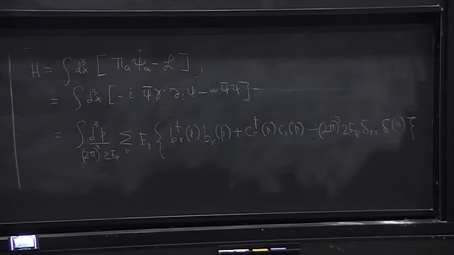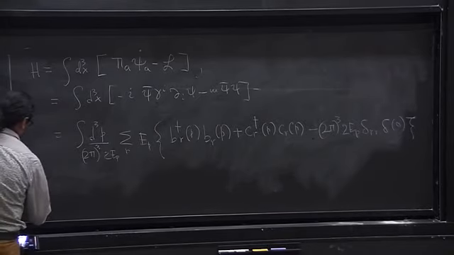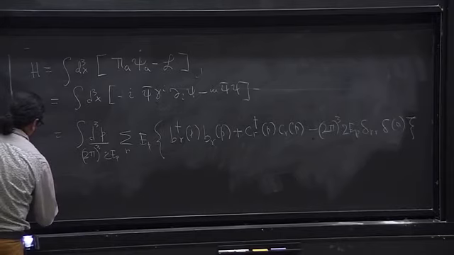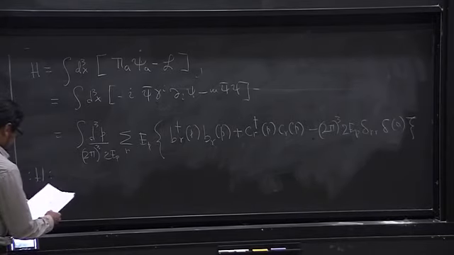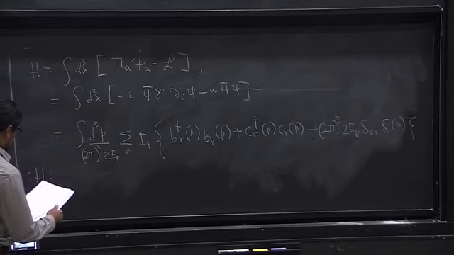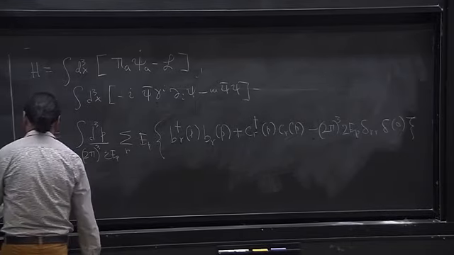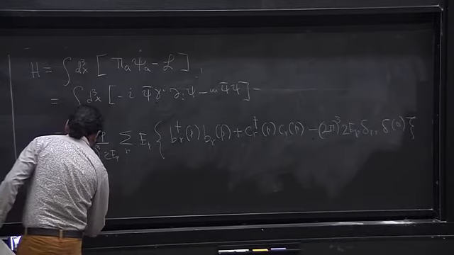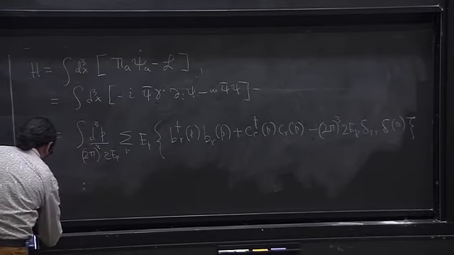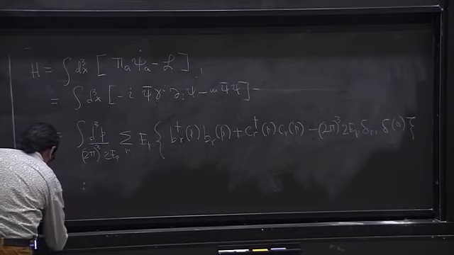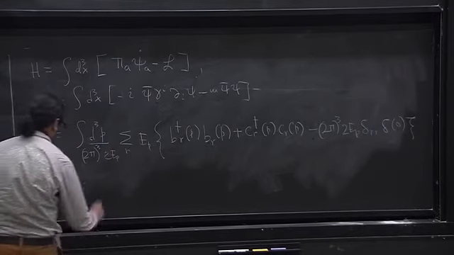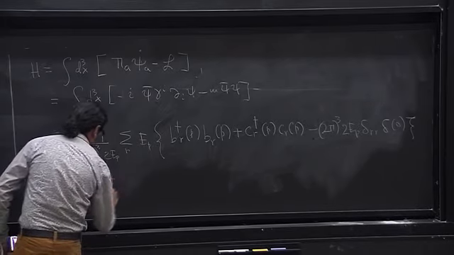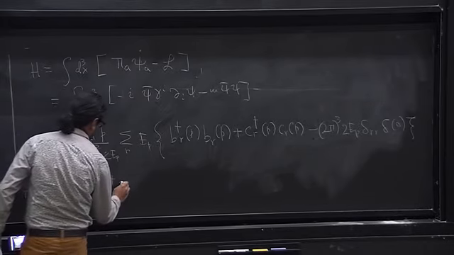So to get rid of the 0-point energy, we normal order the Hamiltonian. However, because we're dealing with fermions, the normal ordering will involve a subtlety. It turns out the normal ordering for fermions involves a minus sign. So suppose we want to normal order two operators, one annihilation operator, one creation operator.